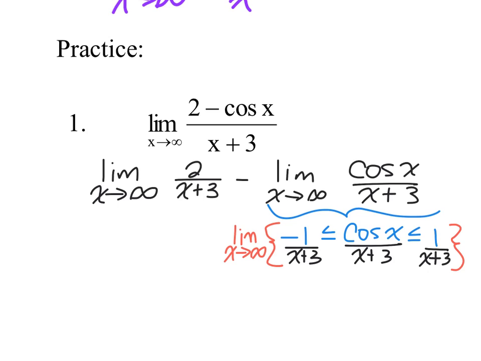But anyway, lower bound we're going to 0, upper bound we're going to 0. So we're saying by the squeeze theorem that the cosine part of this expression is equal to 0.